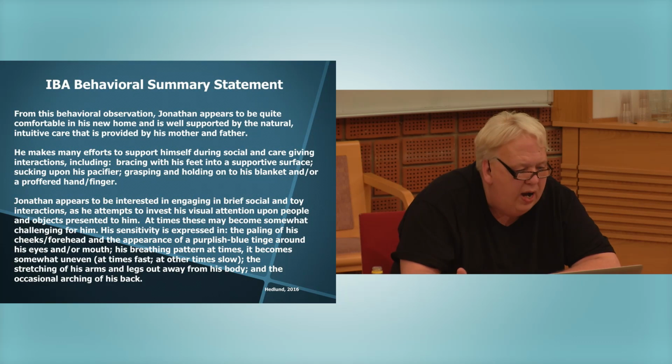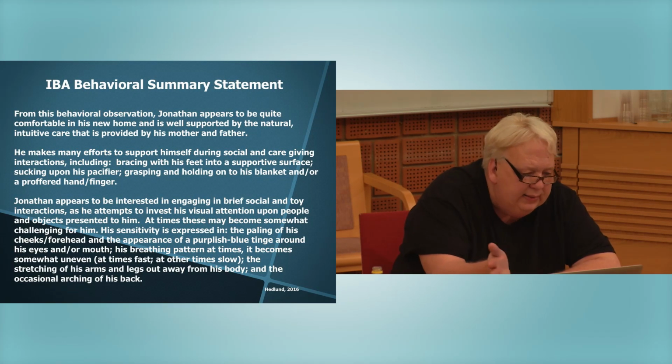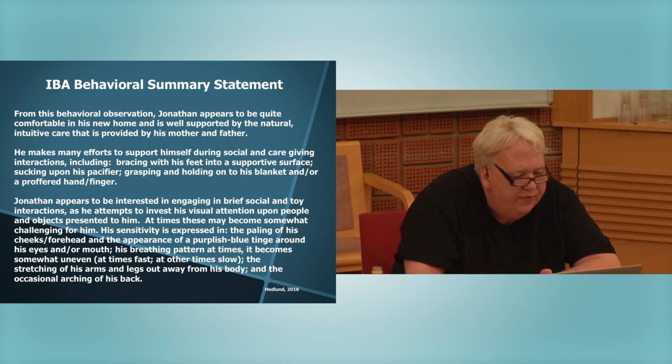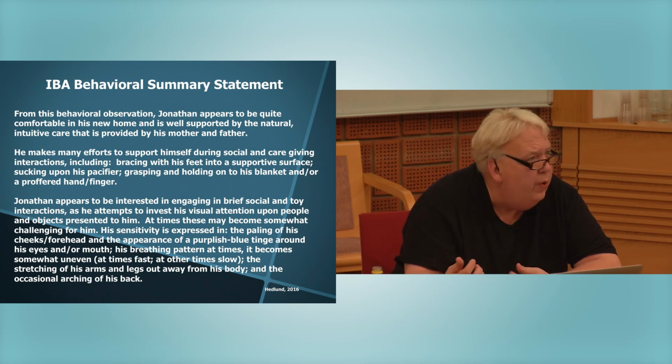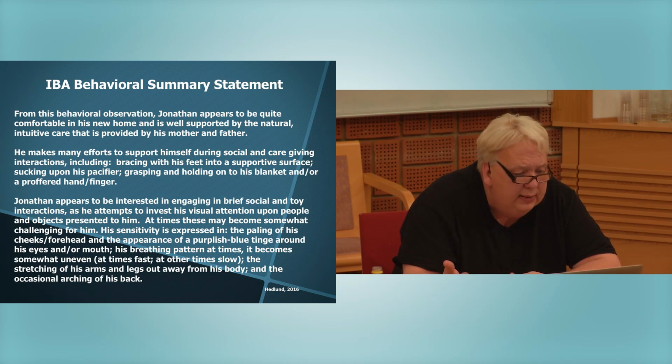I'm not going to read all of this. From this behavioral observation, Jonathan appears to be quiet, comfortable in his new home, and well supported by the natural intuitive care of his parents. He makes many efforts to support himself, and we list out some of those supports and self-regulatory behaviors that he actually utilizes, and then provide that with a behavioral summary.